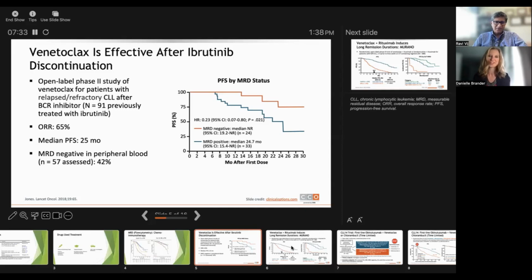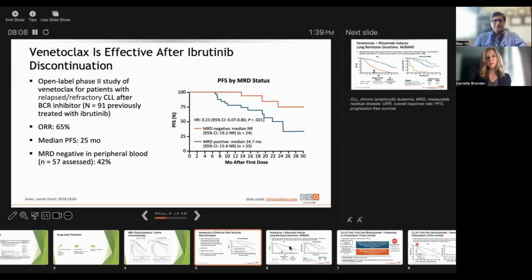And then re-ask the question the other way, should it be kind of the target of treatment? In this study for venetoclax following ibrutinib treatment, I think MRD for this group of patients is particularly interesting and important because after ibrutinib or BTK fails patients, especially if they failed because they developed BTK resistance, then outside of trials, venetoclax after BTK resistance is kind of our standard go-to.